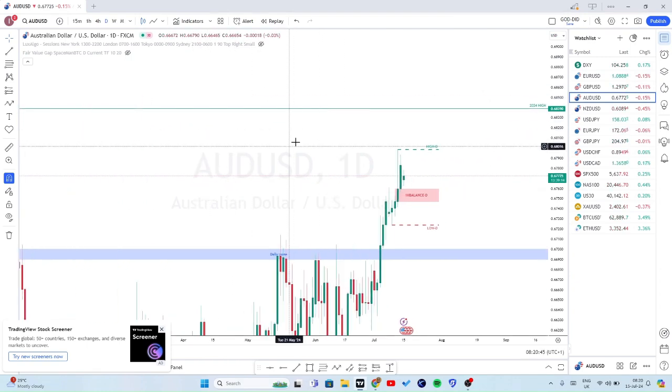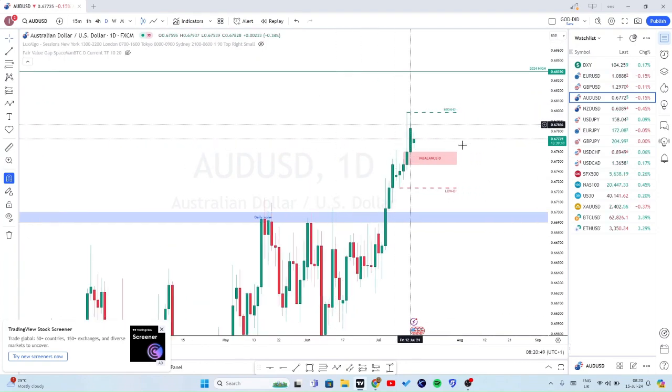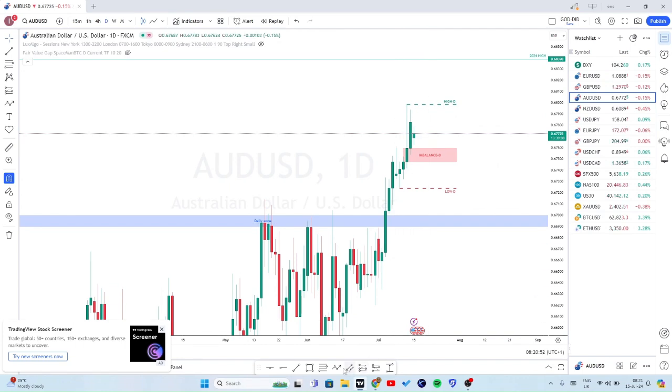I'm not seeing any strong resistance zone for the Aussie for now, so I could expect a trade into this imbalance because this is a very stable currency, and then look for another block for a trade into this high. That would be my expectation for the Australian dollar.